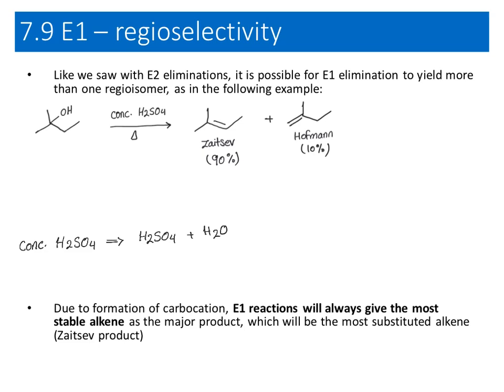So the acid has a little bit of water in it. And then sulfuric acid will react with the water, and through acid and base reaction, it is going to form H3O plus and HSO4 minus. So the acid that is forming when we have concentrated sulfuric acid is hydronium ion.